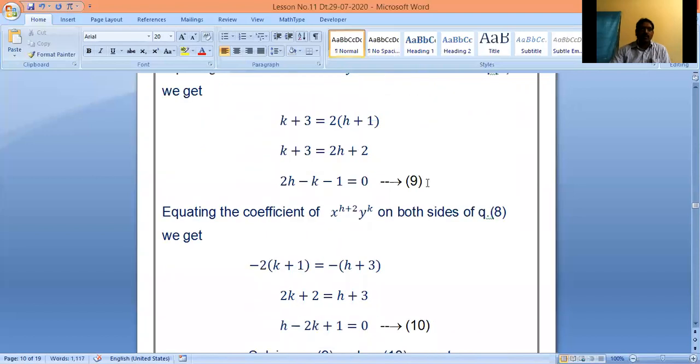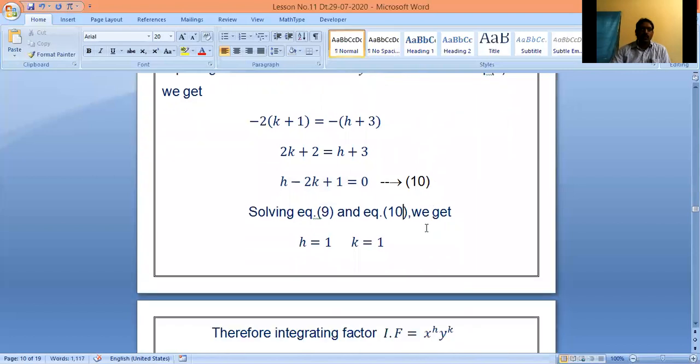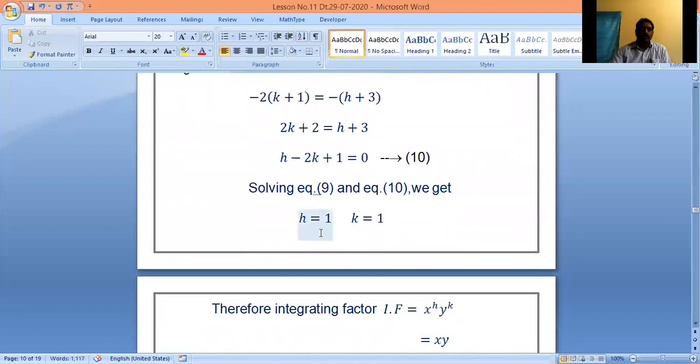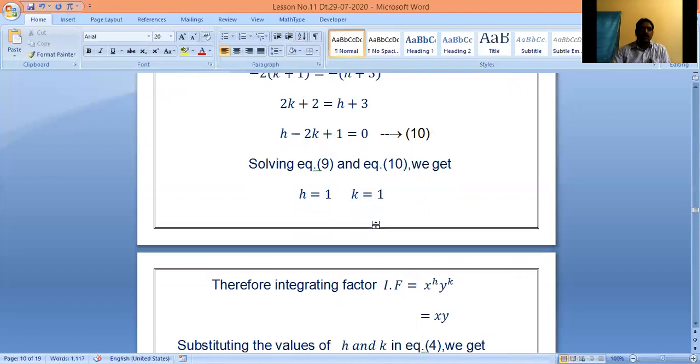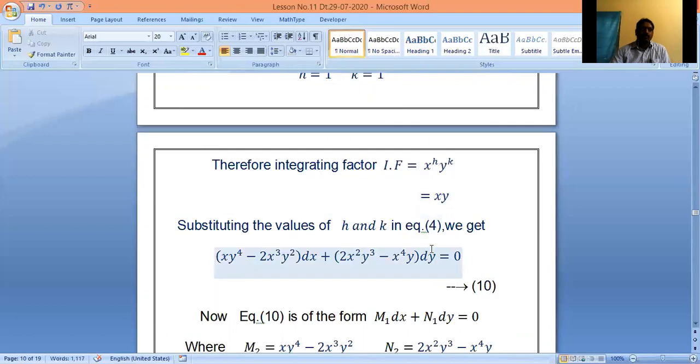Now solving equations 9 and 10, we get h is equal to 1, k is equal to 1. Therefore, the integrating factor IF is equal to x^h y^k, which is xy.